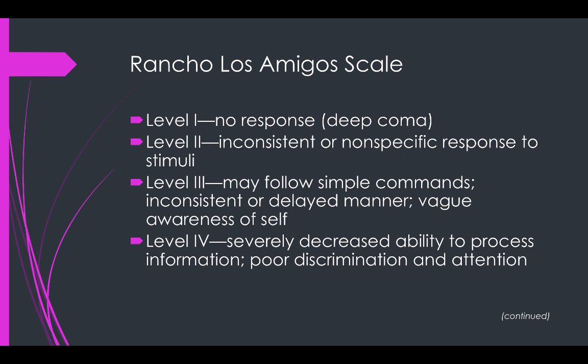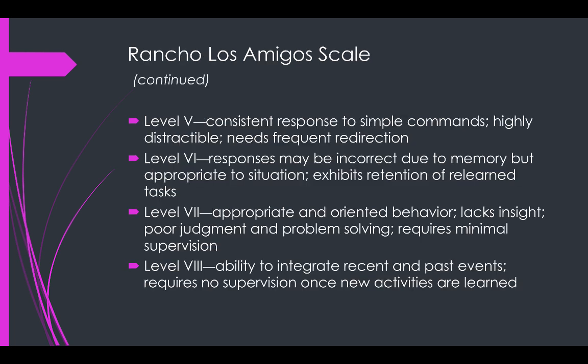Level 4, decreased ability to really process information, with poor discrimination of the information that they're attending to. Number 5, they're able to consistently respond to simple commands. However, they are very distractible within environmental stimuli, and usually they need frequent redirection to get them back on task and stay attentive and focused.